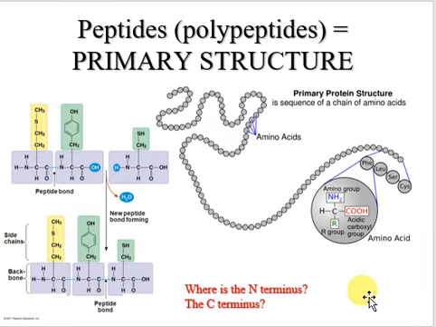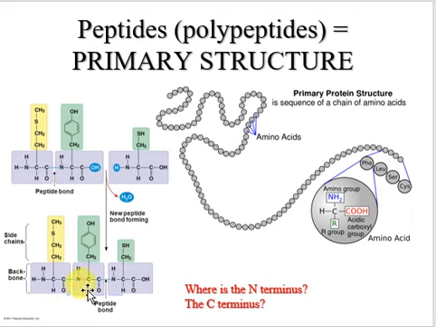Alrighty, so when two or more amino acids are positioned so that the carboxyl group of one amino acid is adjacent to the amino group of the other, an enzyme can come along and cause them to join together. And that enzyme will catalyze a dehydration reaction to produce a covalent bond that's known as a peptide bond.